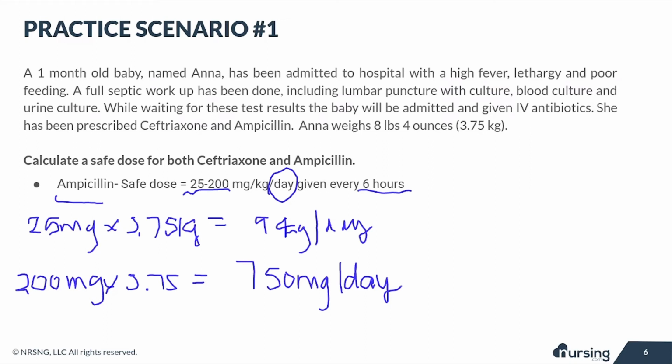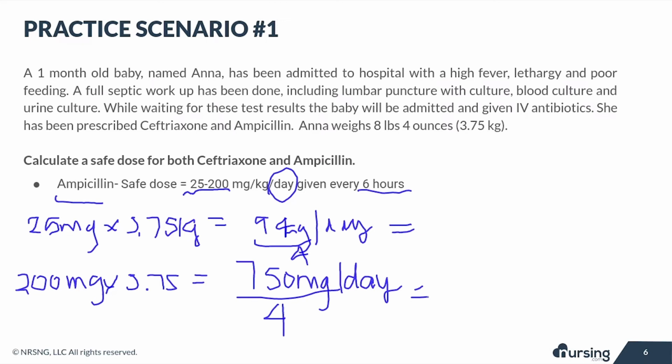So she is going to have 4 doses given in a 24-hour period. So to calculate this, we then need to divide these two totals by 4. So we're going to divide 94 by 4, and we're going to divide 750 by 4. And that's going to give us the amount of medication that she can have per dose.